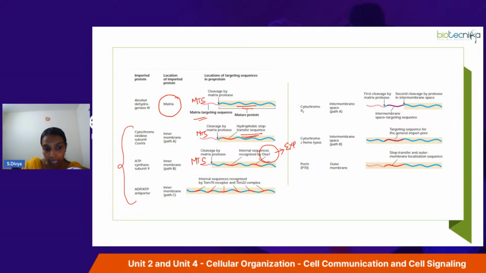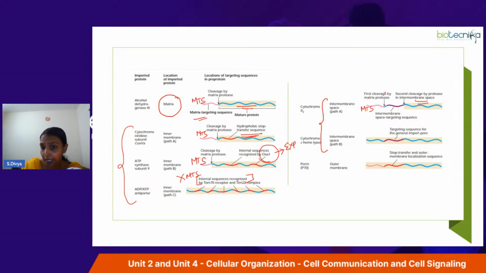Otherwise, there are some proteins which do not have an MTS. They have direct internal sequences, so they will directly tether to the inner membrane. For the intermembrane space, one way is by having an MTS and the intermembrane space proteases.